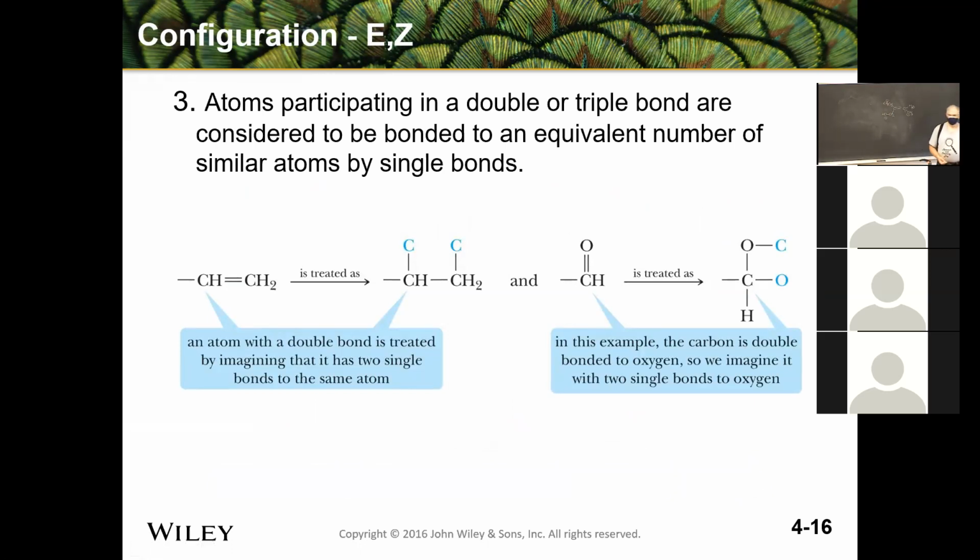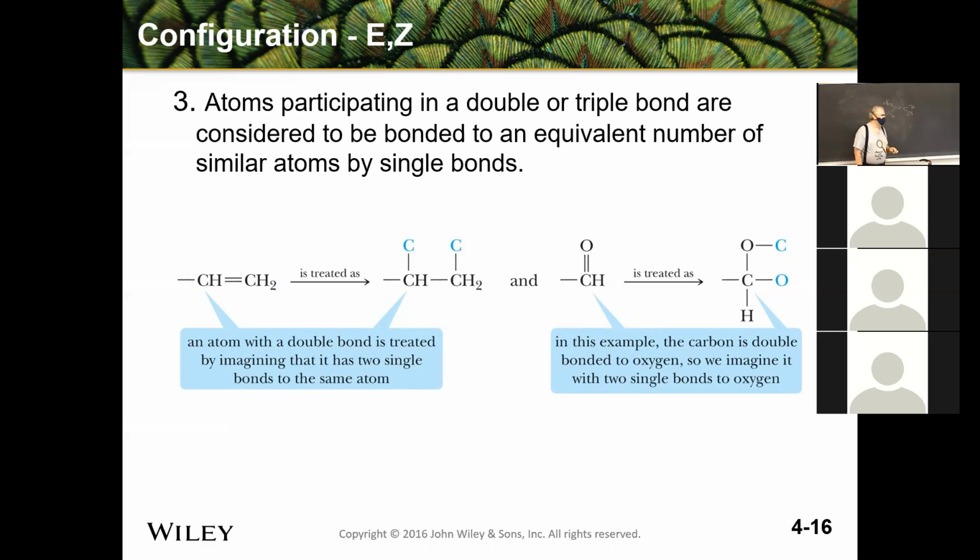What if we have a double or triple bond? Let's say we have something like this. Again, we have carbons as our first atom. The next one out is a carbon.